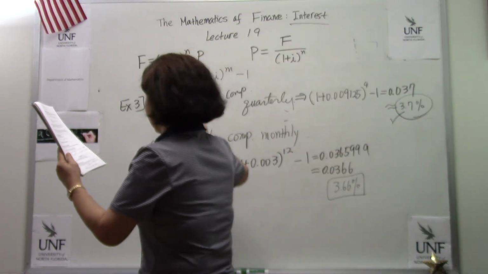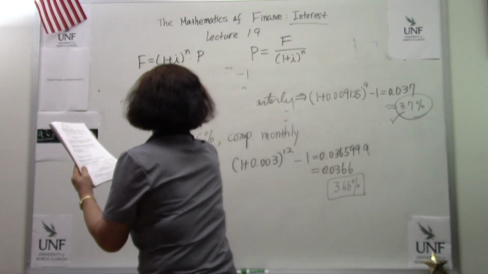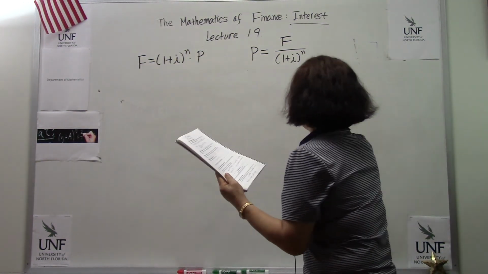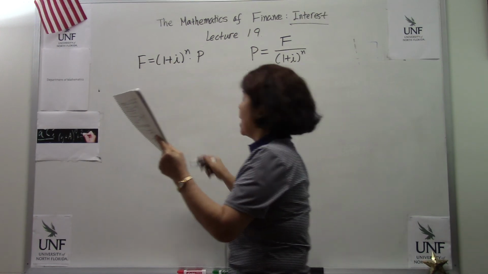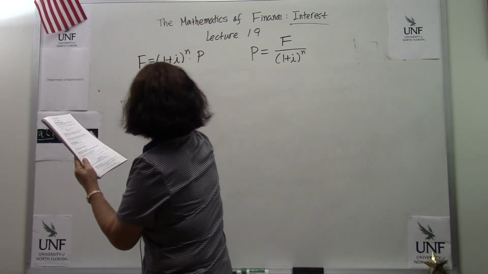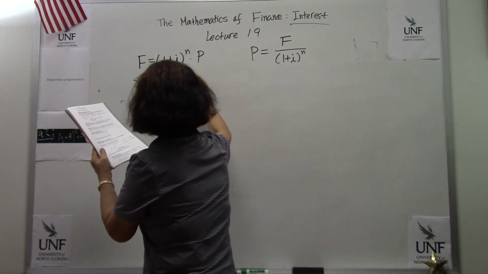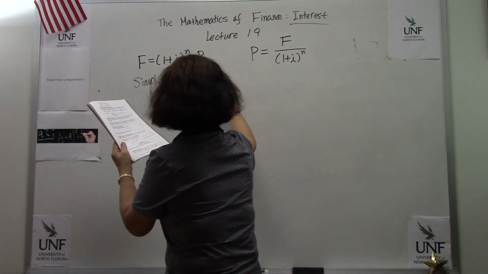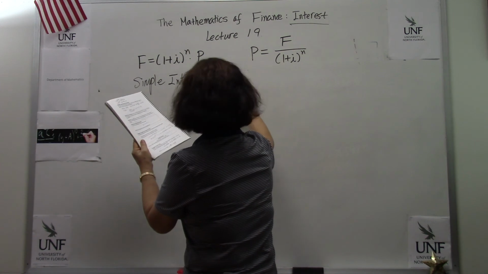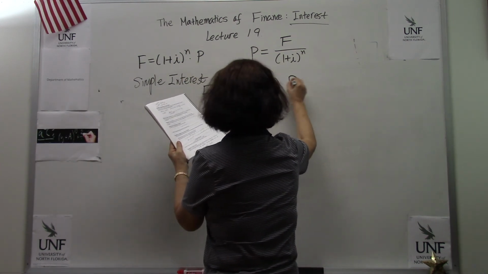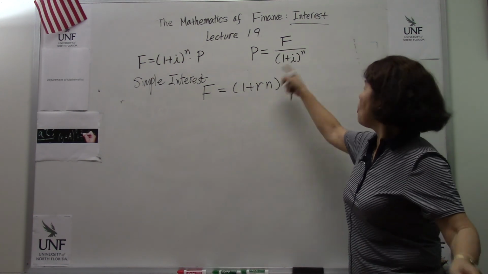And the simple interest. Earlier, I introduced the concept of simple interest. The formula is F equals (1 plus Rn) times P. As you see, there is no power.